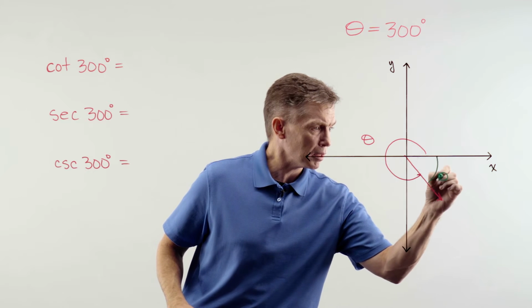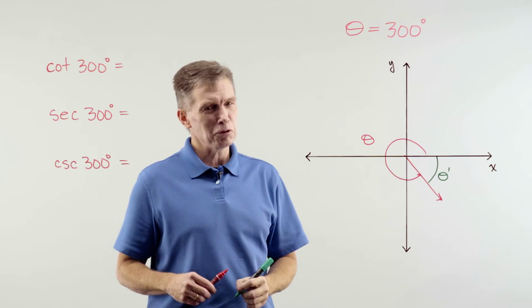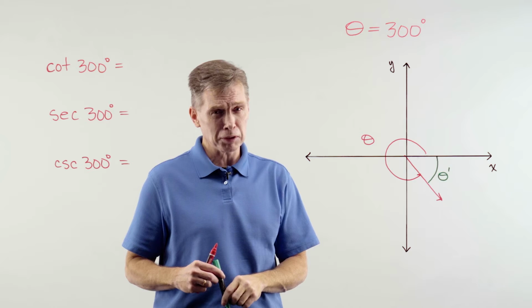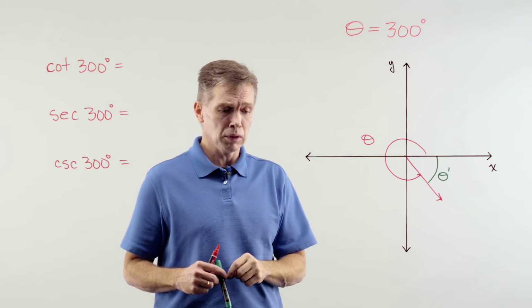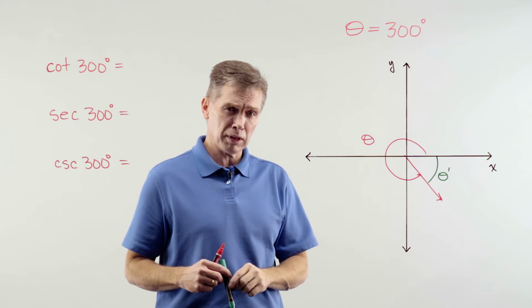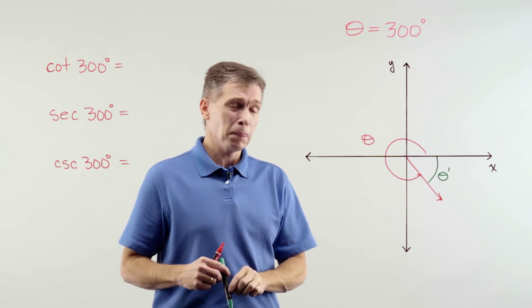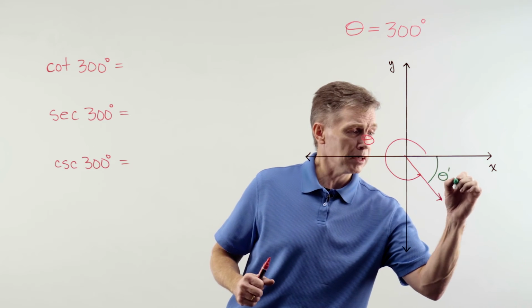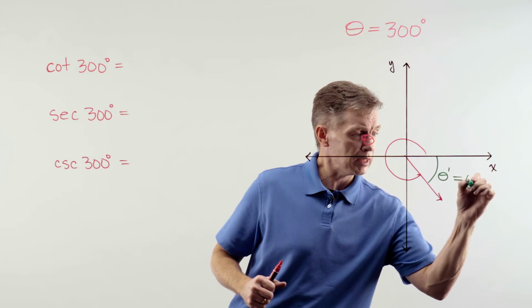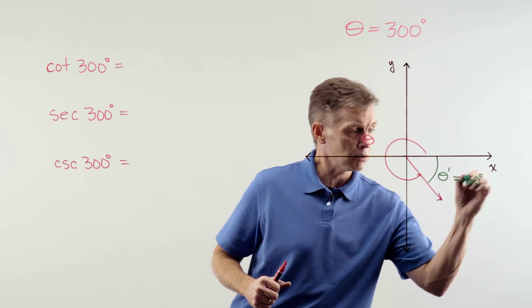This is my theta prime. I know you've been doing your homework with that reference angle, that positive acute angle that the terminal side makes with the x-axis. Here's why we do it: once you find that reference angle, in this case, realize it's 60 degrees.